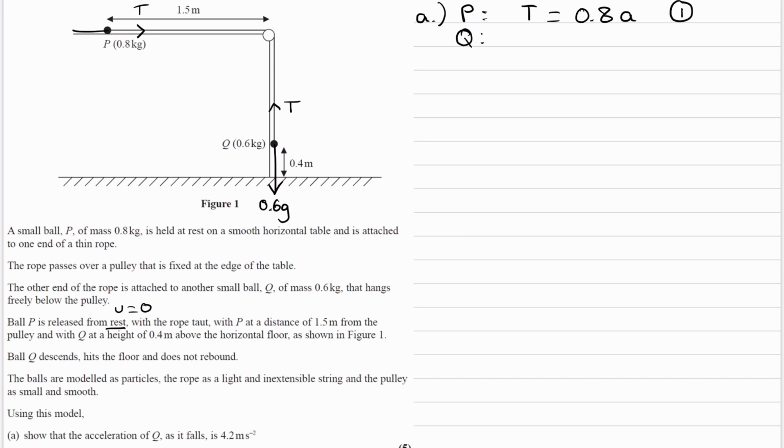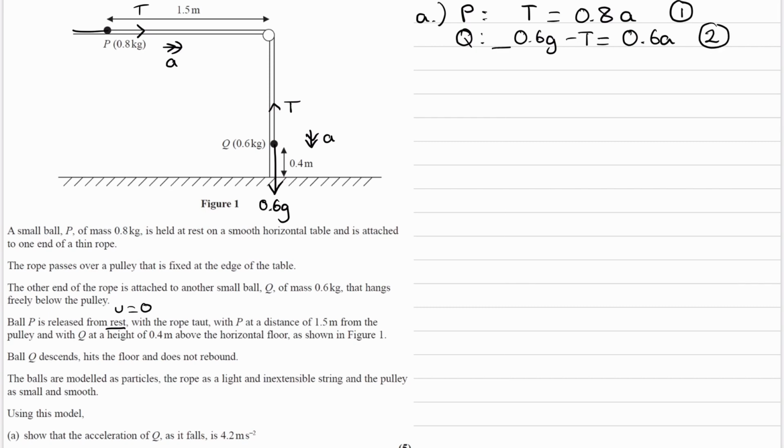And for Q, it's going to be accelerating downwards. So then the force of 0.6 g must be bigger than the tension force. And if that's the case, the resultant force will then be 0.6 g minus T. That will be the overall downwards force, and that will be equal to ma, its mass times its acceleration.